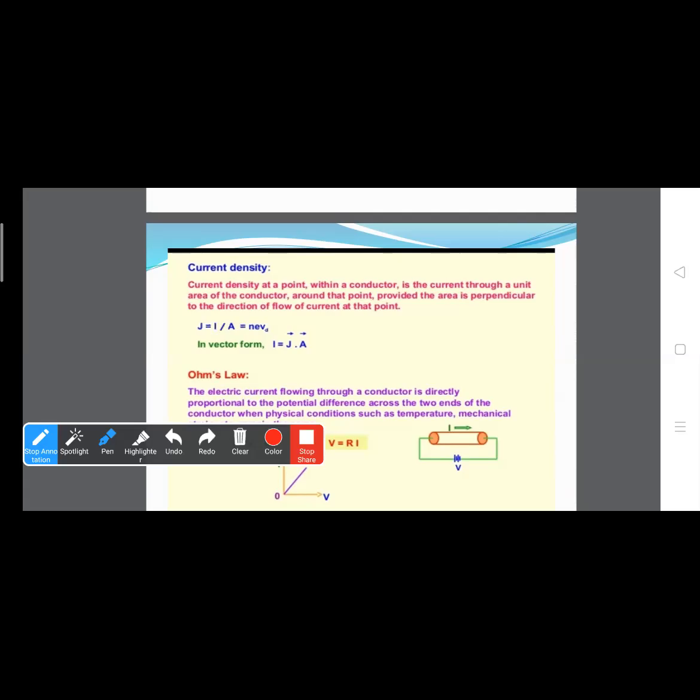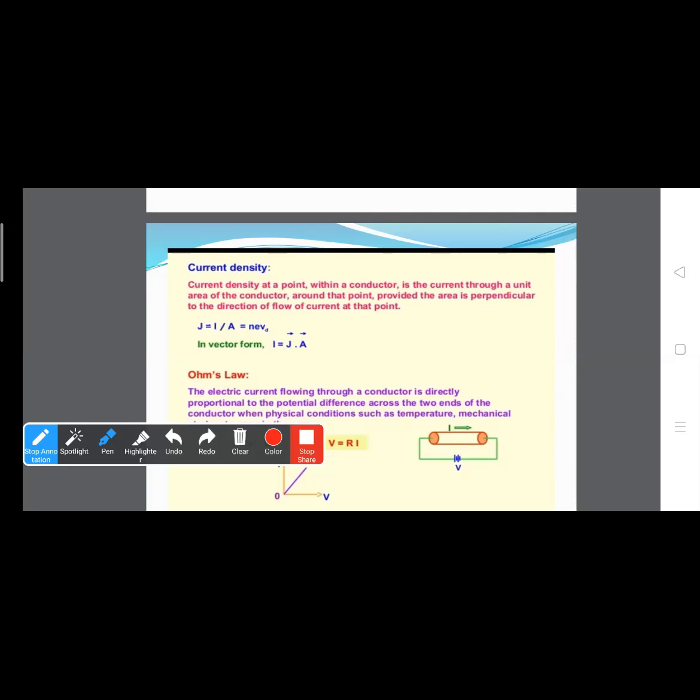What is current density? Current density at a point in a conductor is defined as the current flowing per unit area of cross section taken perpendicular to the current. So J equal to I upon A. J is the symbol of current density. Current density is a vector which points along the direction of current or the electric field vector.